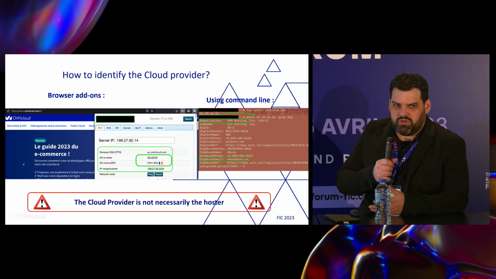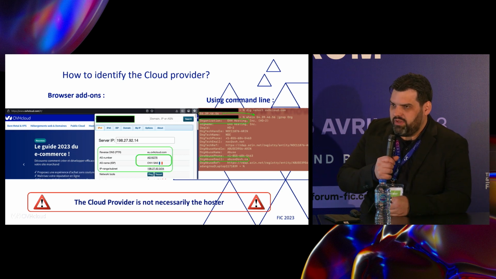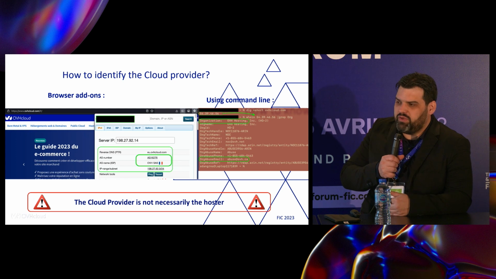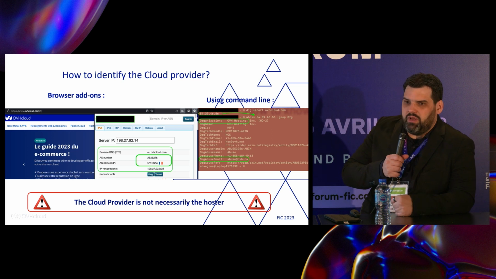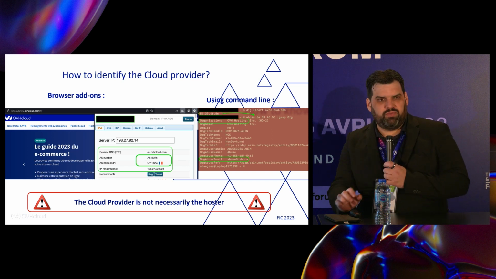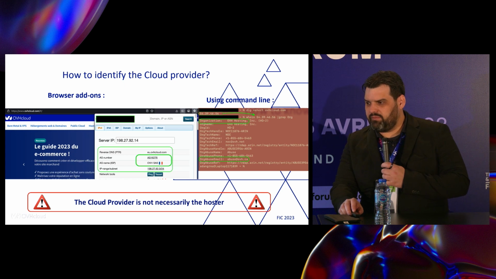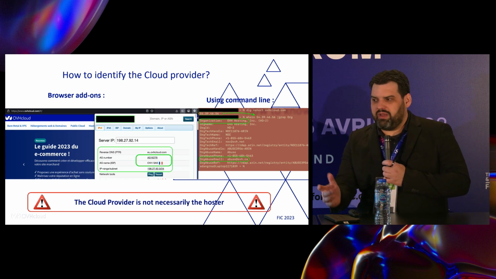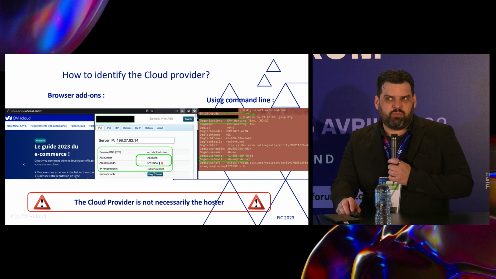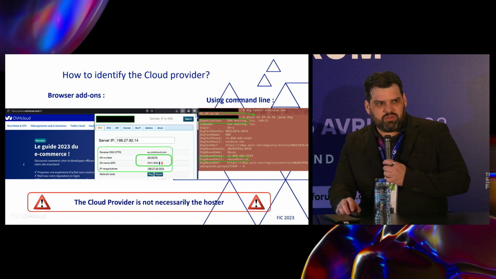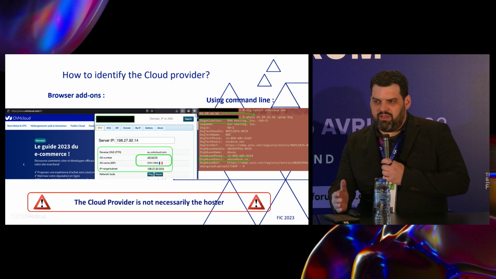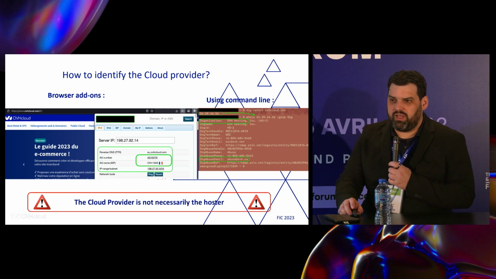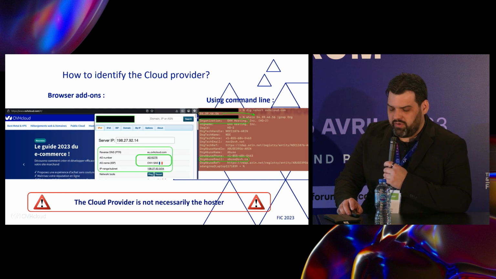And with the command line, you can use the command dig to get the IP. And with the IP, you can know the network that hosts the content, the website. And sometimes, as I previously explained, the cloud provider is not the hoster, because the hoster is the end user who rents servers and has the responsibility to take down copyright infringement content, for example.